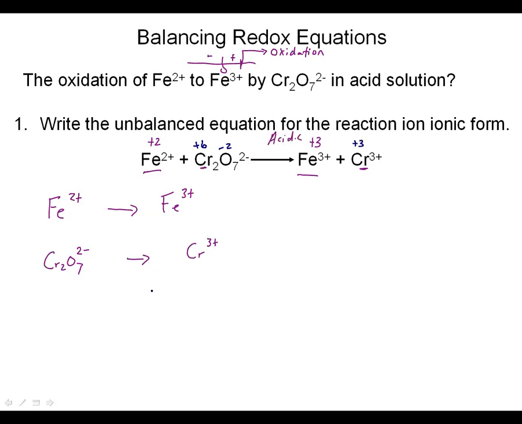So if you look at chromium, it's starting out over here at +6 and heading in this direction towards +3, and that direction is reduction. So our reduction half reaction is here.